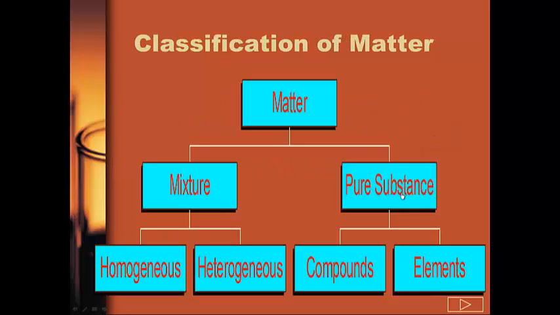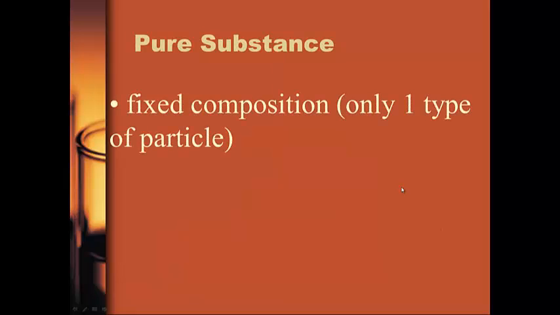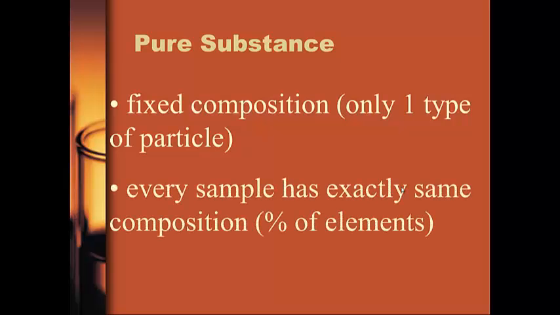Pure substances. What's a pure substance? It is fixed in composition. There's only one type of particle that makes up this substance. Okay. Every sample, as a result, has to have exactly the same composition or percentage of elements.